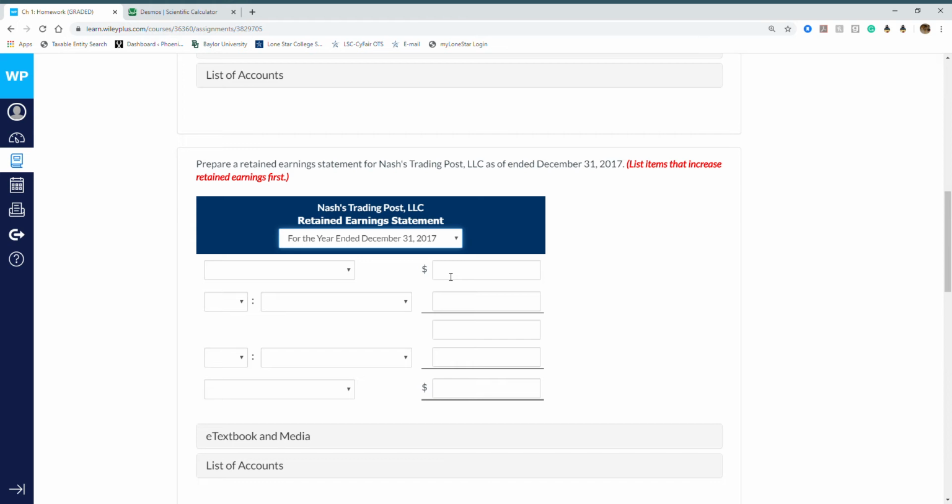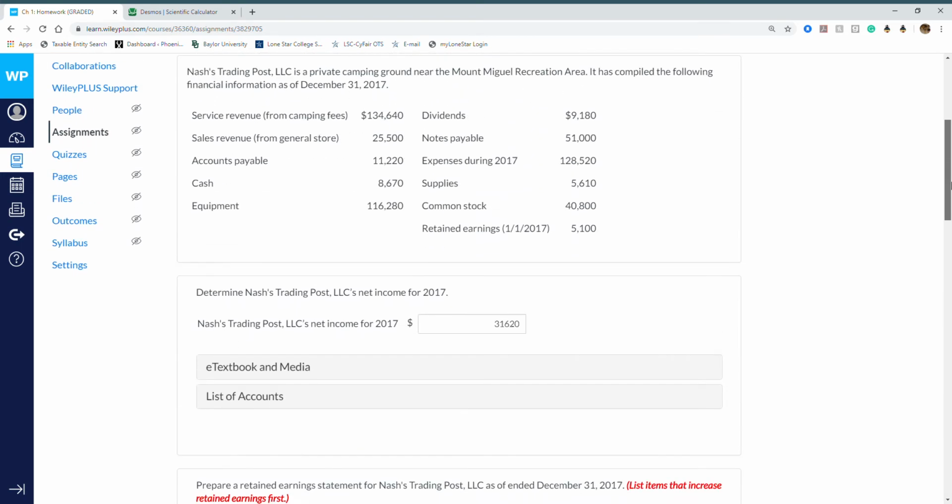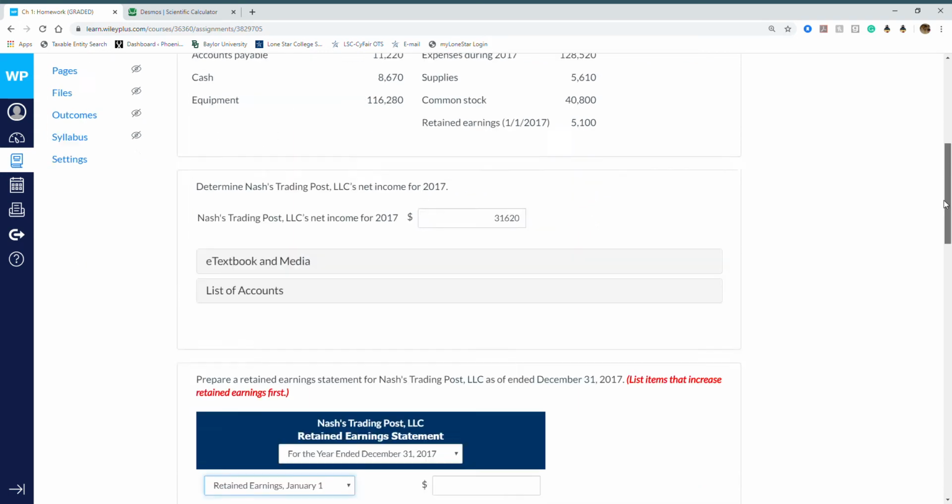If it's a particular month, do it for the month ended. Most likely it's going to be for the year ended if it's dealing with December 31st, especially since the beginning is January 1st. Retained earnings January 1st, we can find up here. There it is.